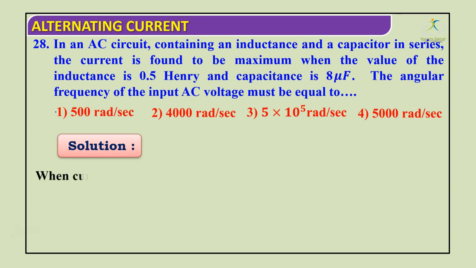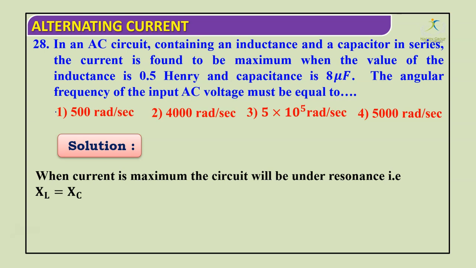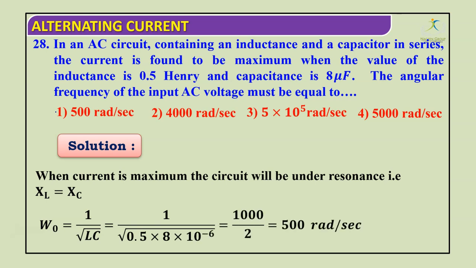The solution part is, when current is maximum, the circuit will be under resonance, that is XL is equal to XC. So omega naught is equal to 1 by under root LC, and that comes to 500 radian per second. So the correct answer for this question is option 1.